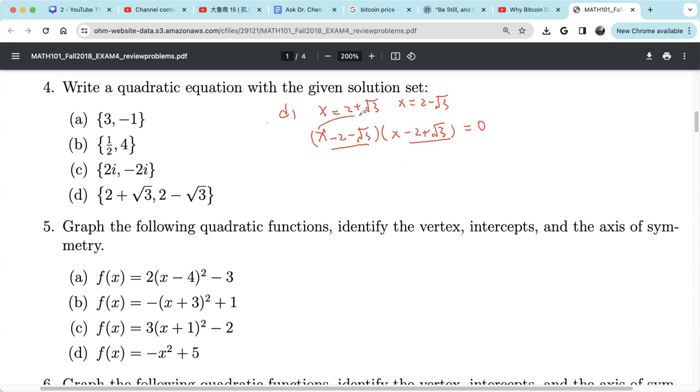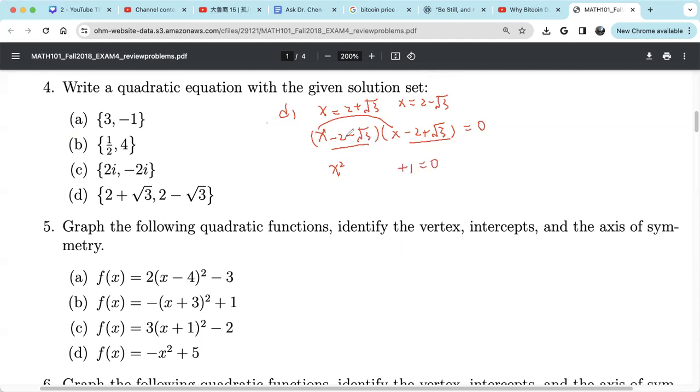So x times x is x squared, the first term. Then this one times this one gives us the constant. 2 plus radical 3 times 2 minus radical 3 is a product of conjugates, a difference of squares: 2 squared minus radical 3 squared, which is 4 minus 3, which is 1. So we have plus 1.